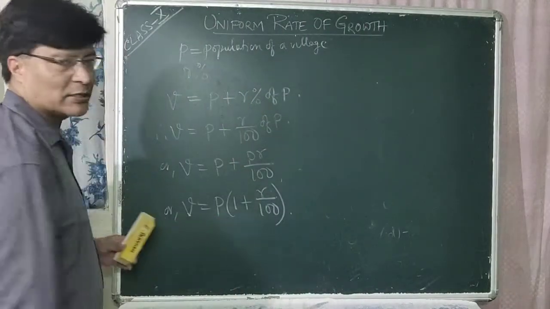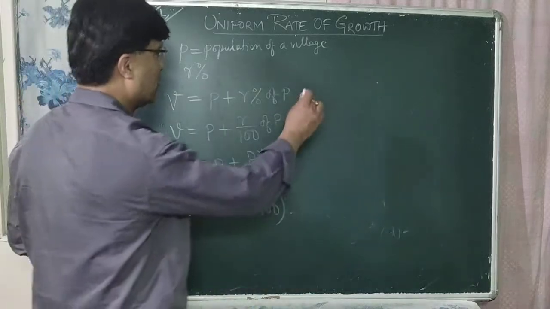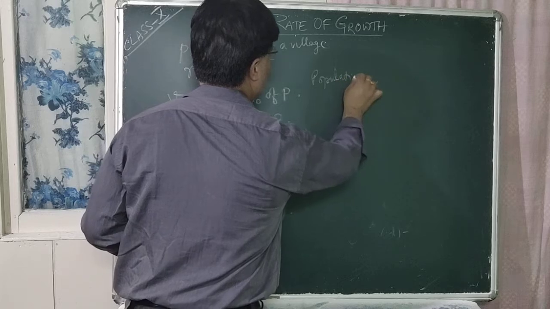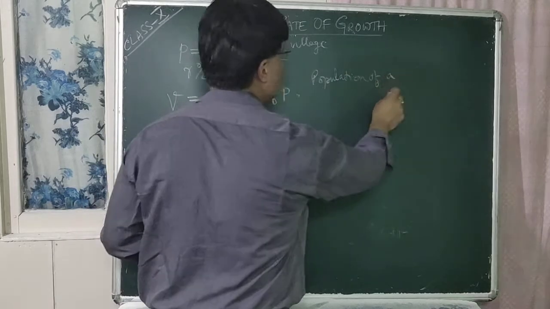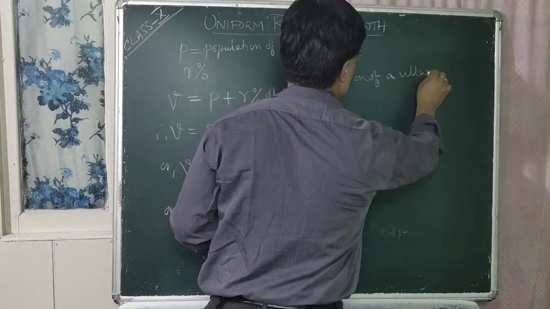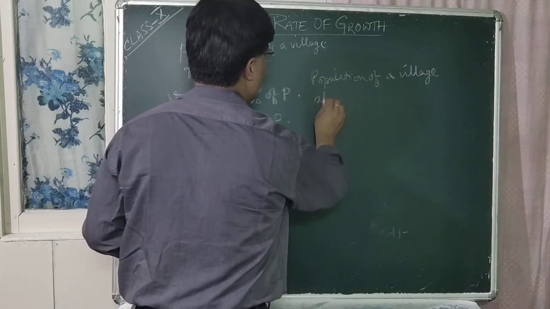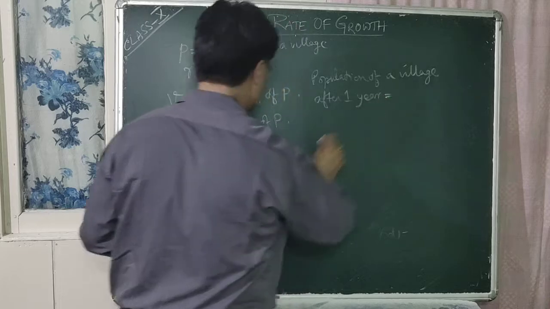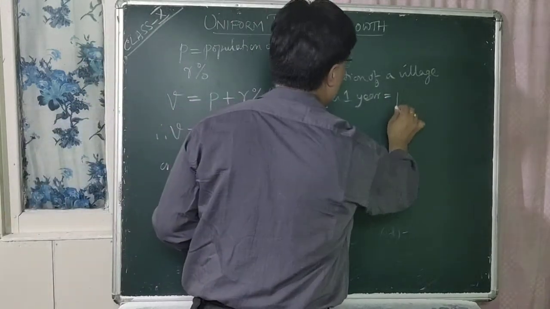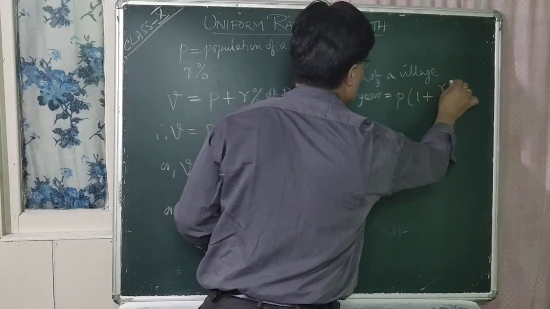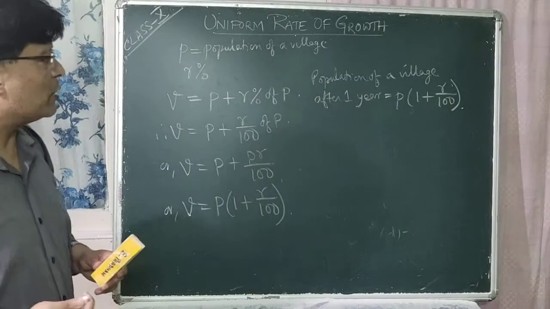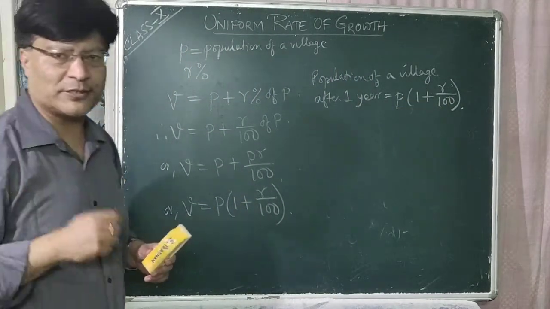So let us write down here: population of a village after 1 year is equal to P into 1 plus R upon 100. Similarly, what is the population of a village after 2 years?